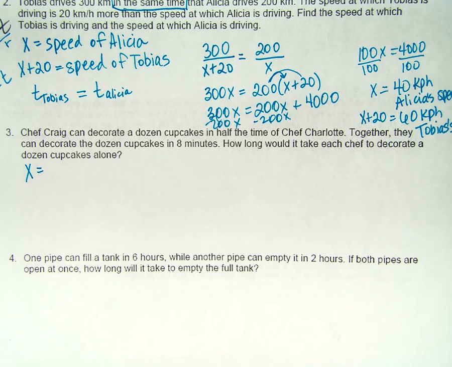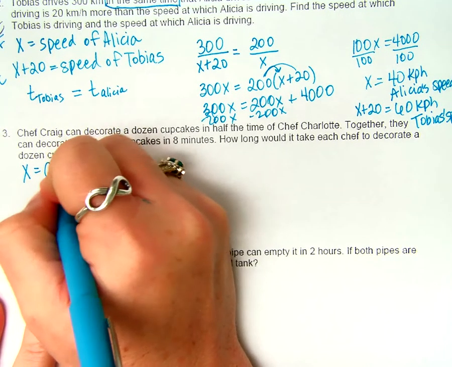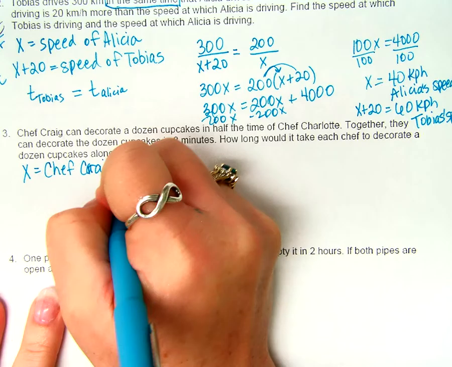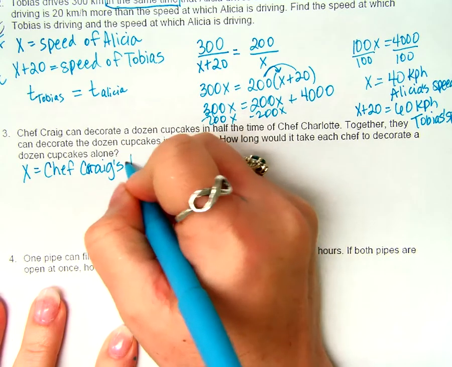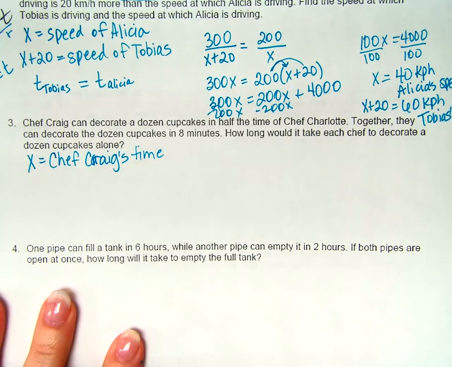How long would it take Chef Charlotte? 2X. You want to work with fractions or not? Not if we can help it, right? So let's let X be Chef Craig's time. So what did you tell me would be Chef Charlotte's time if I let X be Chef Craig's time? 2X.